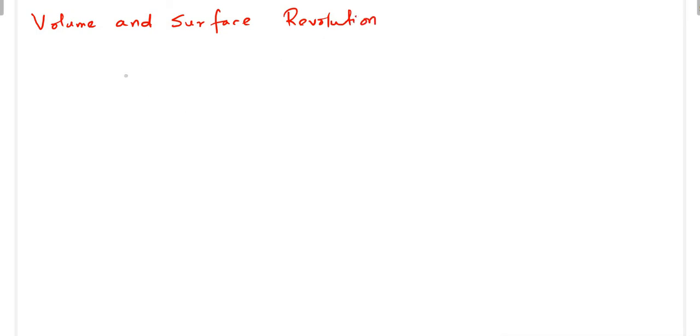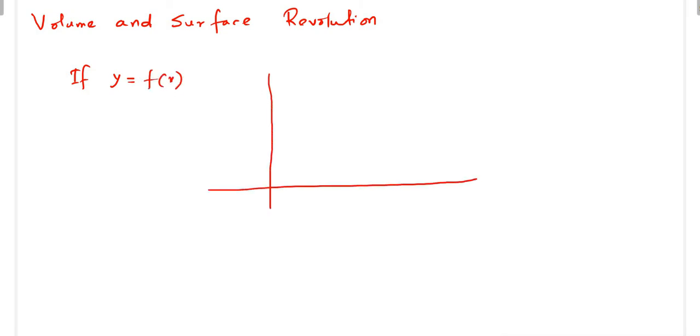So first of all, we know already that if y equal to f(x) is a function, and if your function looks like this, then suppose this is a straight line x equal to a, and this is a straight line x equal to b.